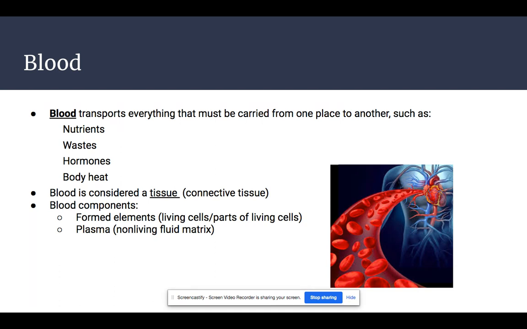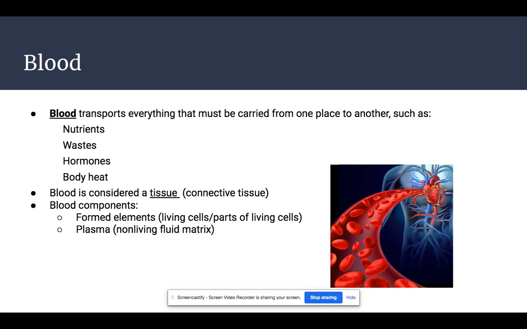So the nutrients are going to be transported by the blood, as well as waste, hormones from the endocrine system, and body heat. And when we're talking about nutrients, we're talking about anything the body needs. So in this case, we're talking about gases as well. So oxygen is a nutrient, and waste would be carbon dioxide.